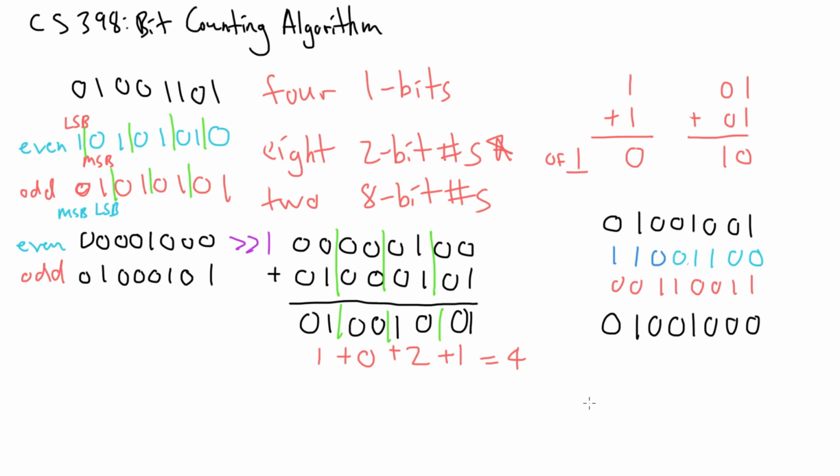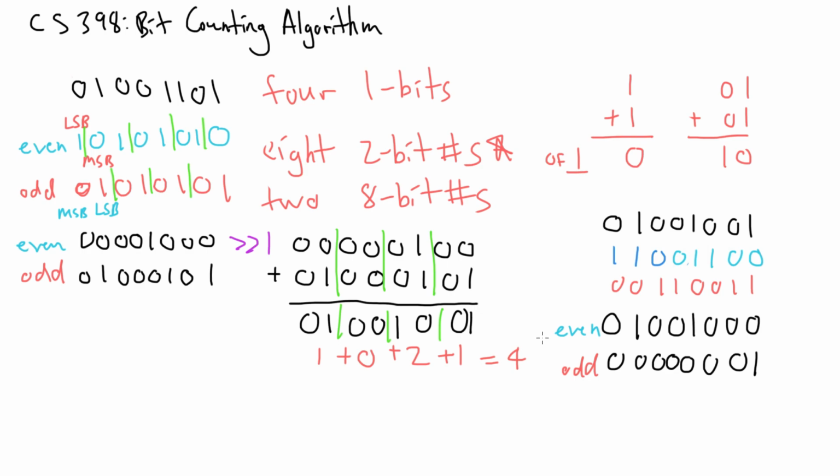And when I mask it with the red mask, I'm going to get 0 0 0 0 0 0 1. Lost another 0 there somewhere. Right there. Okay. So this is the evens, and this is the odds.